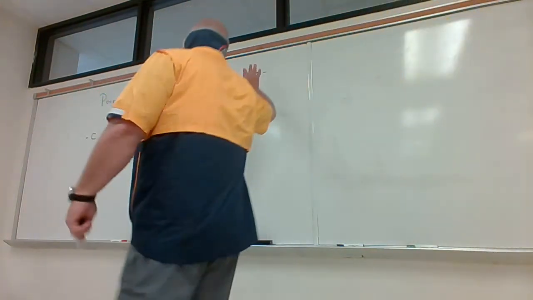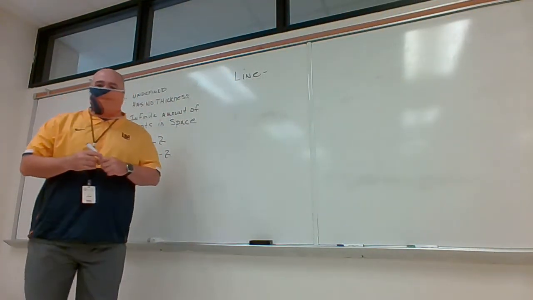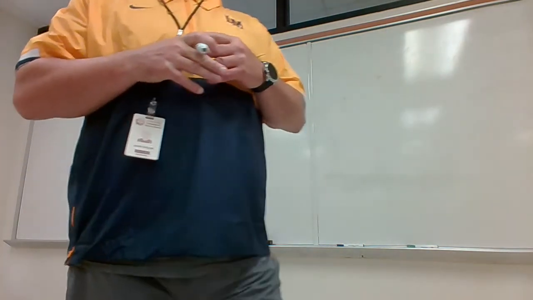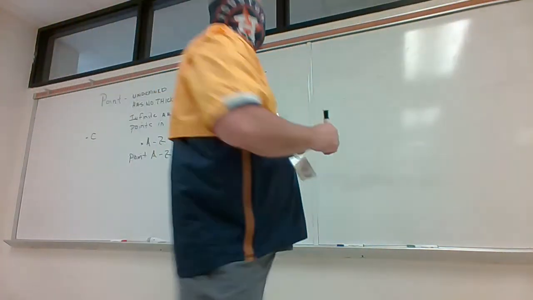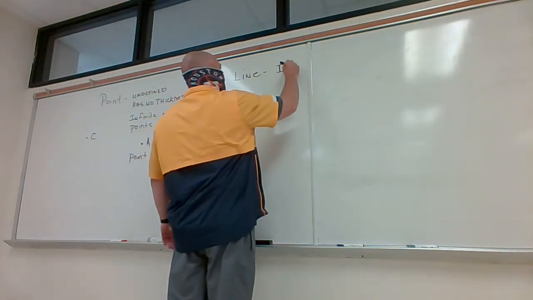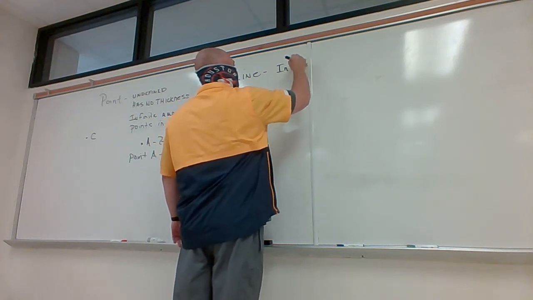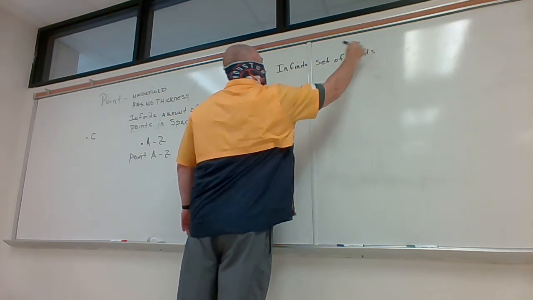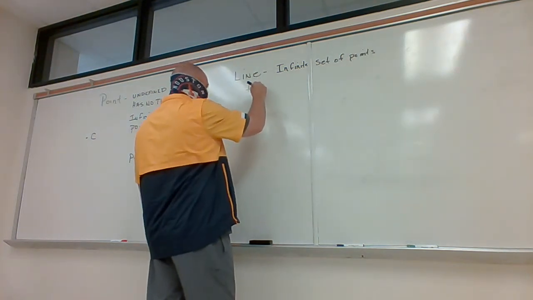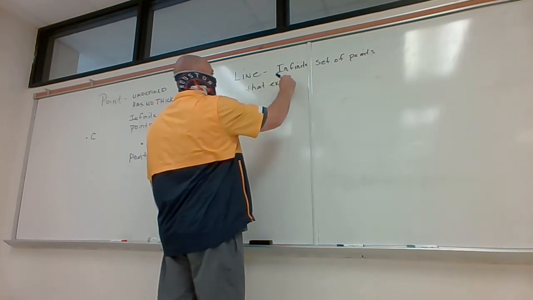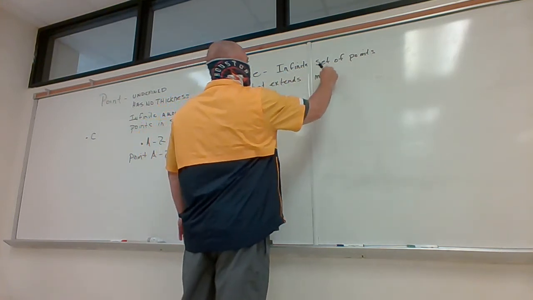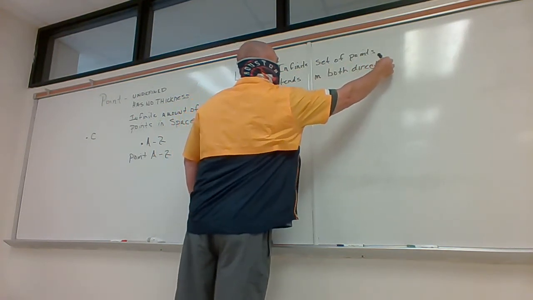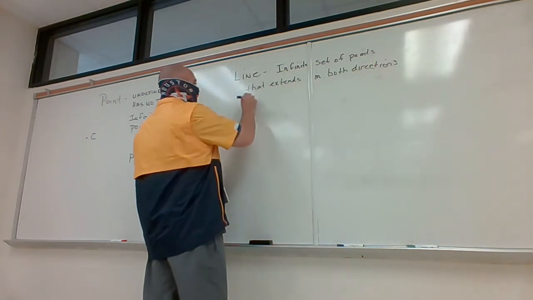Okay? All right. So the definition of a line that I want you to write down is this. It is an infinite set of points that extends in both directions forever. It's an infinite set of points. That means forever. An infinite set of points that extends in both directions forever.